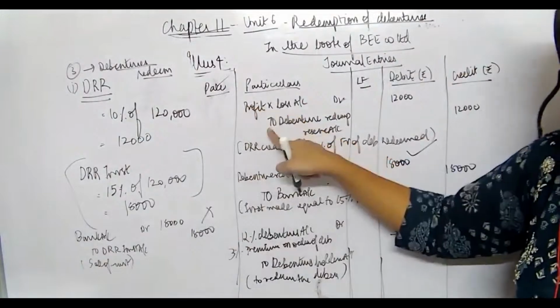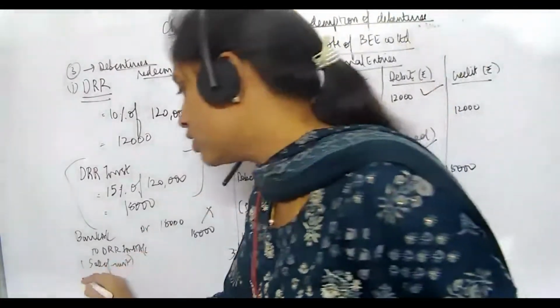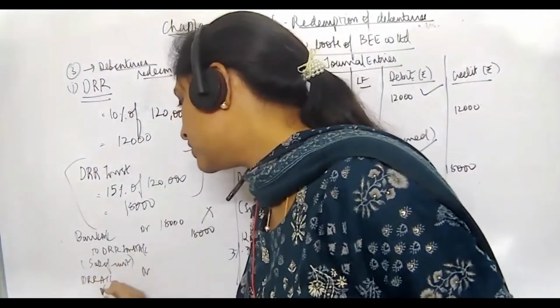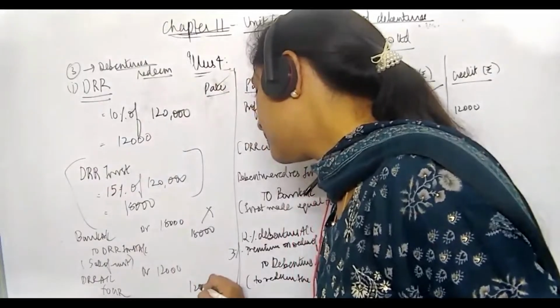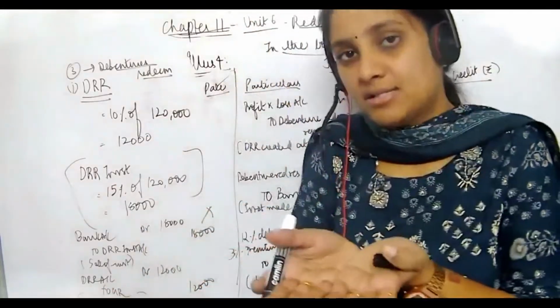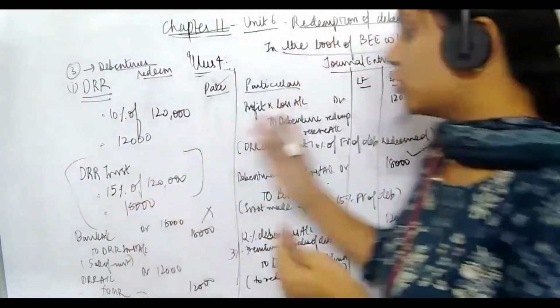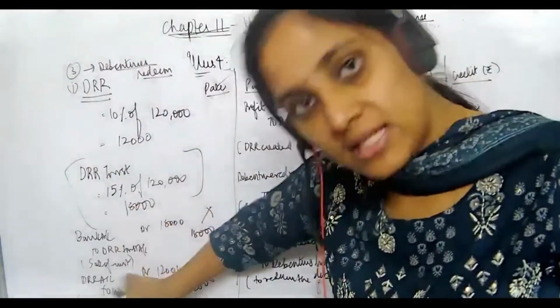Now what is pending? DRR is there, and I need to close this entry also. So it will be DRR account debit to the general reserve account, 12,000. You are transferring the balance of the DRR into the general reserve. You opened or created DRR, and you are now closing the DRR.